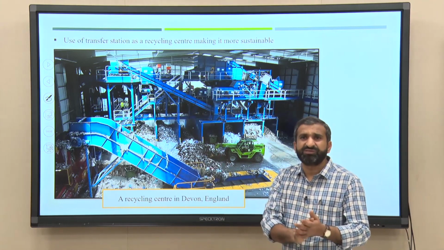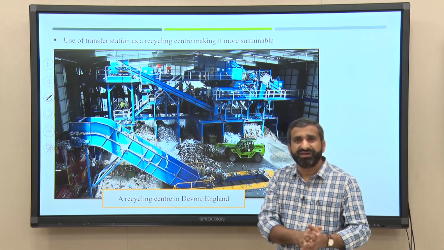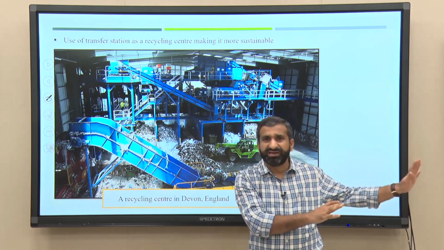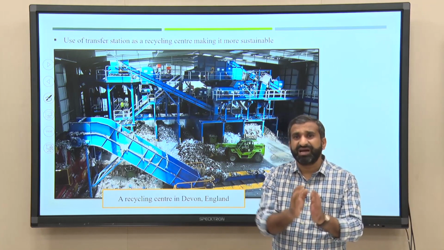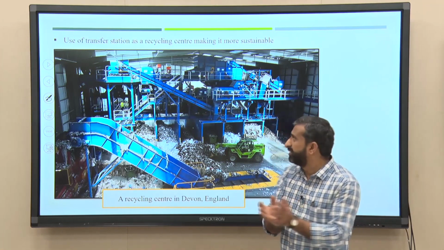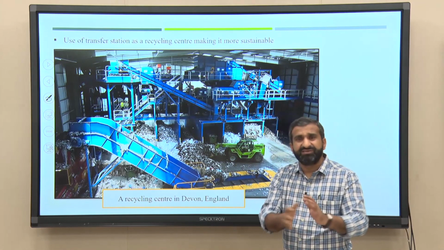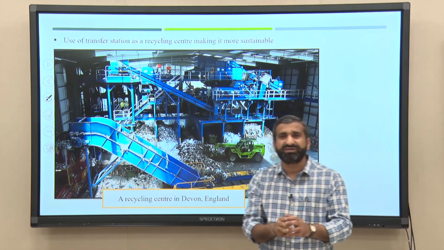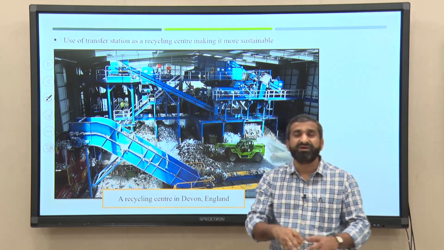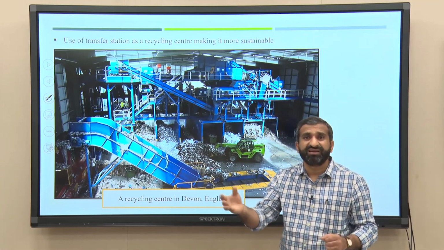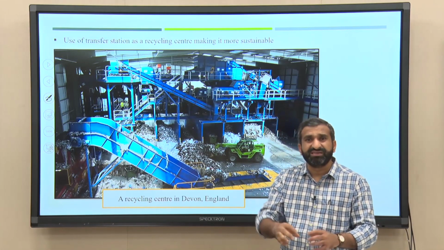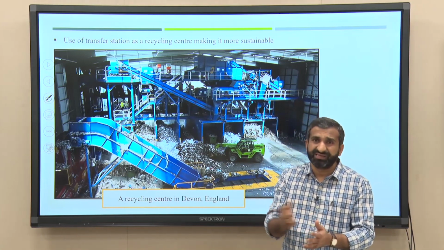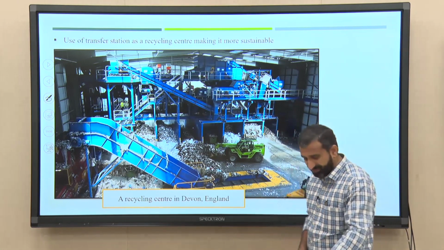So, wet waste we can't store for a longer period, so wet waste will go directly to the composting facility or treatment facility. At least the dry waste could possibly get recycled, maybe in some small recycling facility. If not a recycling facility, at least a component separation facility could be started at these transfer stations.